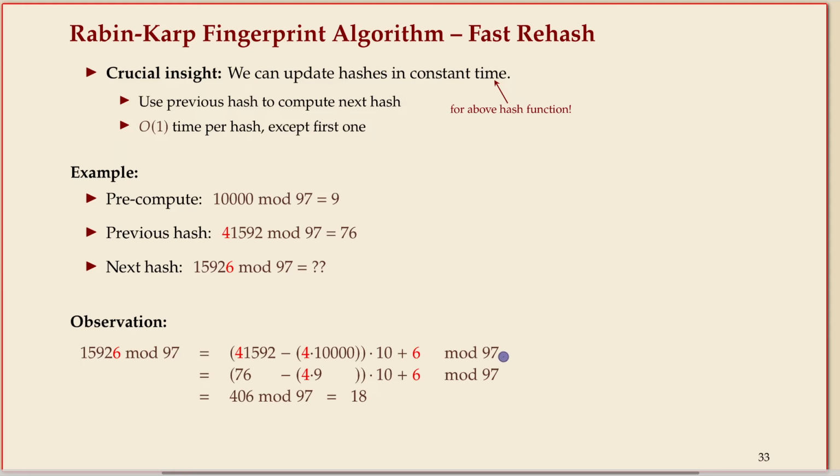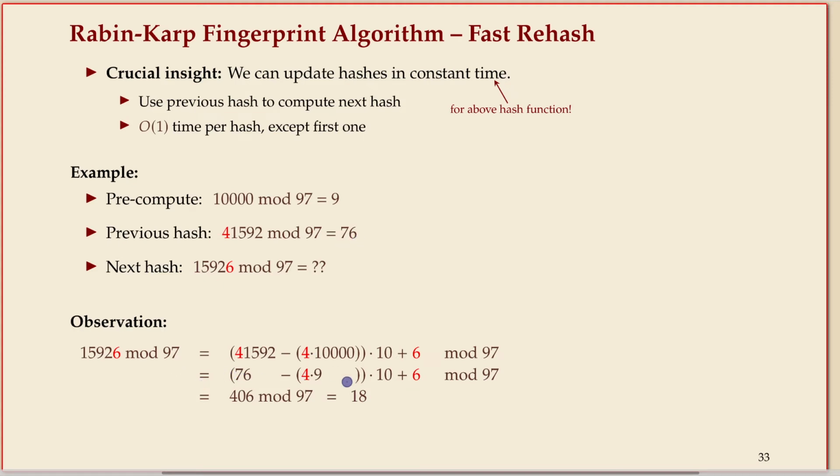And one convenient property of modular arithmetic is you can take the modulus first and then do the arithmetic. They commute, as you may remember. And so we know the result of this one, modulo 97, that's 9. That's what we pre-computed. And we know this one, modulo 97. So that's the previous hash, right?